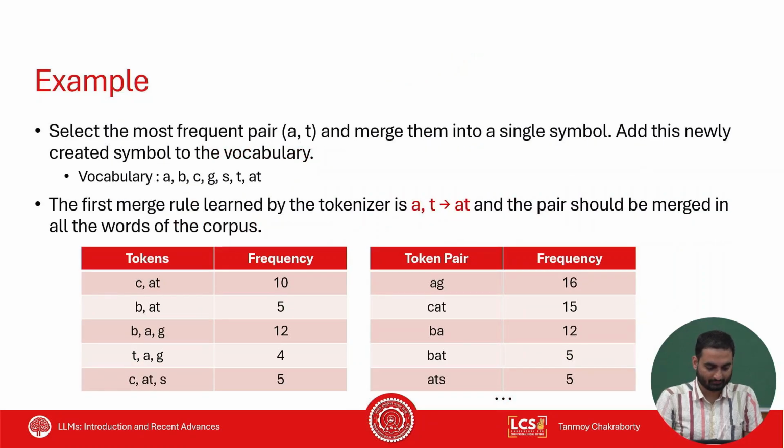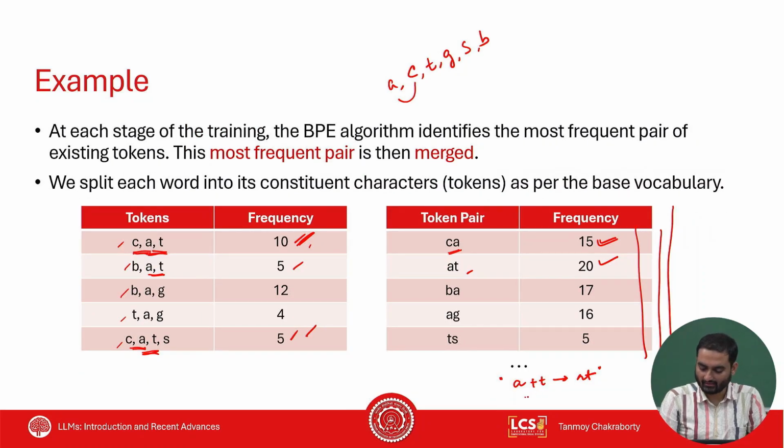Okay, so once we identified this, what we do now is all the appearances of A comma T will be replaced by the new vocabulary word, which is AT. Remember, AT is a new vocabulary word, so AT will be added here.